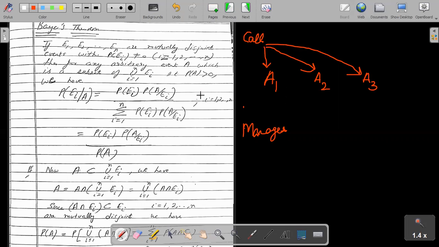So this concept basically is helpful by using Bayes theorem.